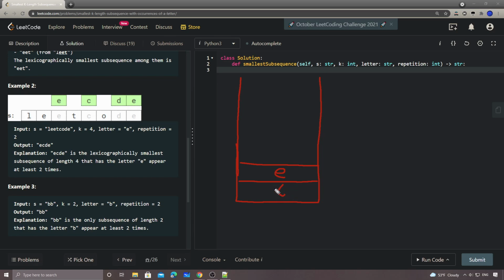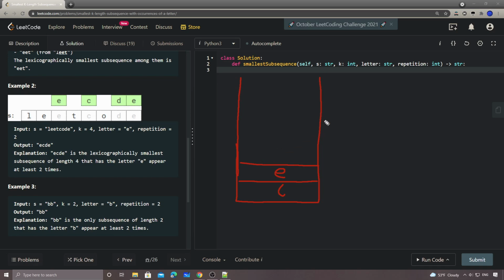But can we pop this one out? In this case we can, because L is not E, so we don't need to worry about whether we have enough E remaining. That's why we can pop this L out.